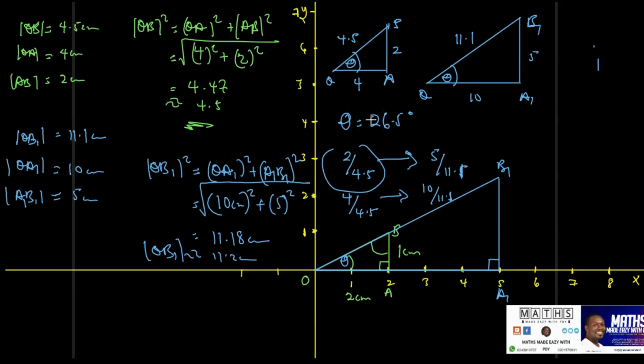Now, find sine inverse of 0.444 on your calculator. I hope you've seen sine inverse. You press the shift button. So sine inverse of 0.44444. Please, what answer is it giving us?